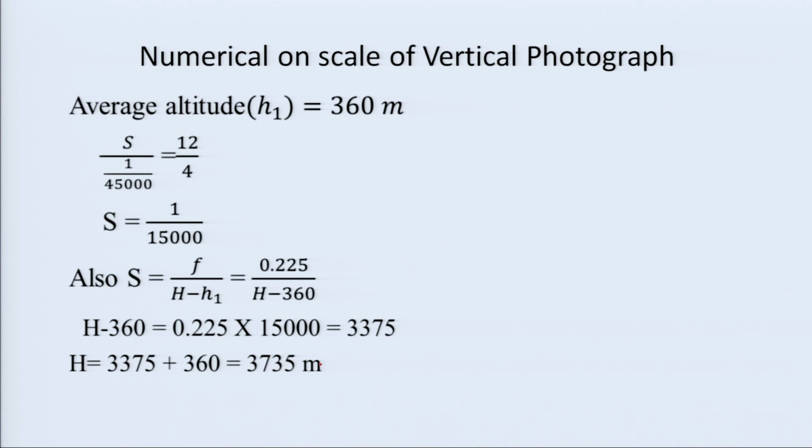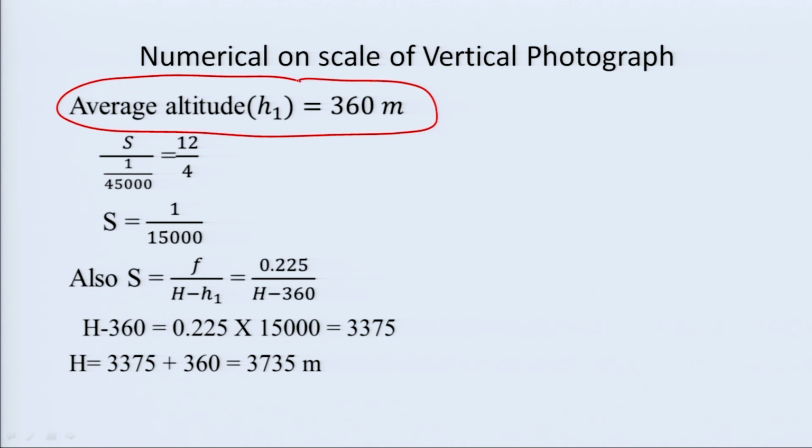Now, in order to calculate the total height, the average altitude is also given in the question, that is 360 meter. In order to calculate the total height, we use the formula we discussed earlier, that is scale s is equal to f upon H minus h.